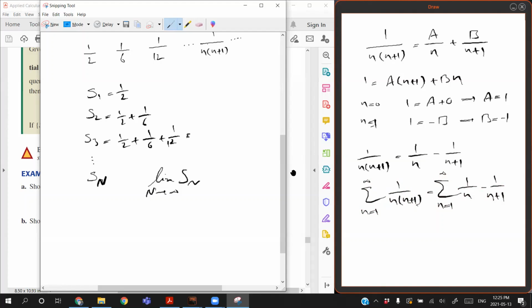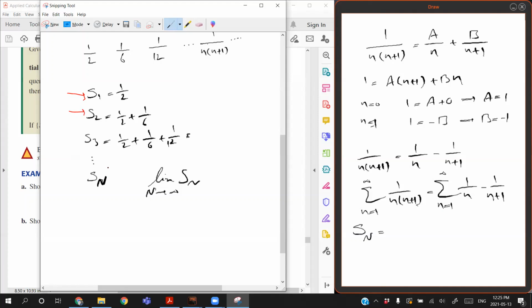So now if I write S_N, the general term of the sequence of partial sums, you can see that this is S1, which is just A1, then S2, which is going to be A1 plus A2, S3, and all the way to S_N.